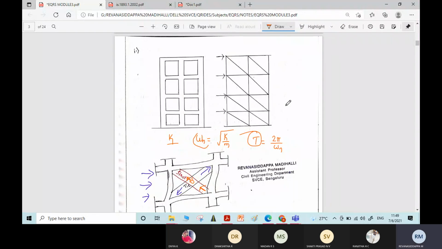In a short period of time, the structure will oscillate fast. Time taken to cover one complete cycle is very less, so the speed of oscillation of the building will be higher. When the speed increases, acceleration increases. When the acceleration increases, the resultant story shear which acts on the story will increase. This is one of the disadvantages of masonry infill.